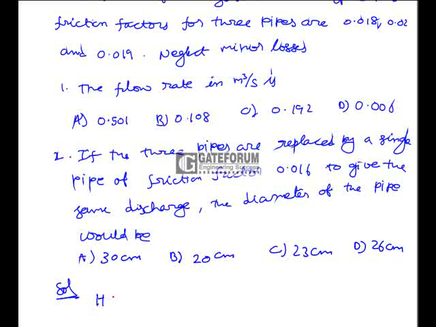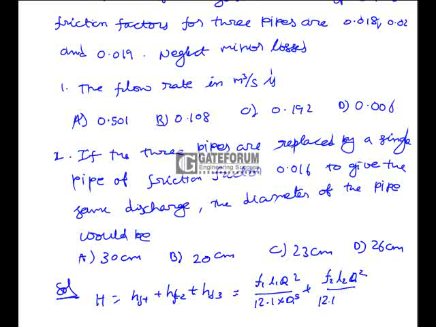Here the total head is equal to the sum of the head losses in each pipe, which is given by F1 L1 Q square by 12.1 into D1 power of 5, plus F2 L2 Q square by 12.1 into D2 power of 5, plus F3 L3 Q square by 12.1 into D3 power of 5.